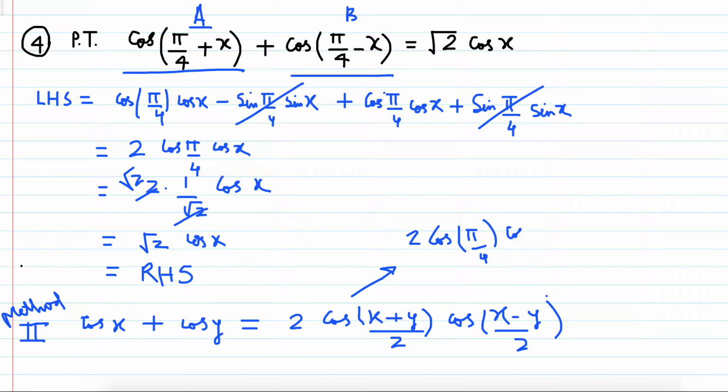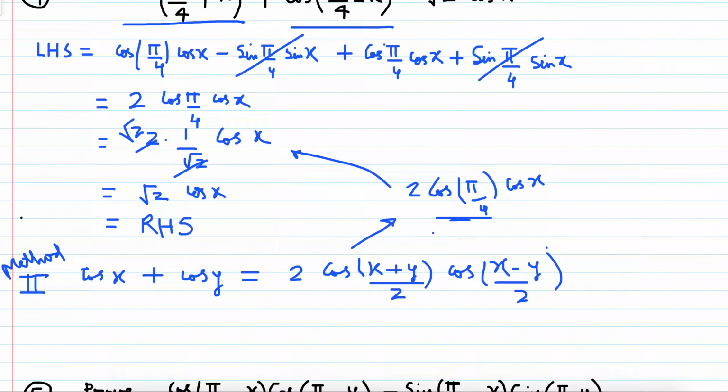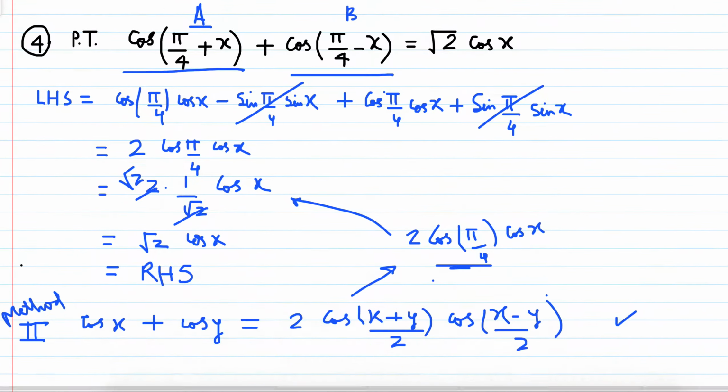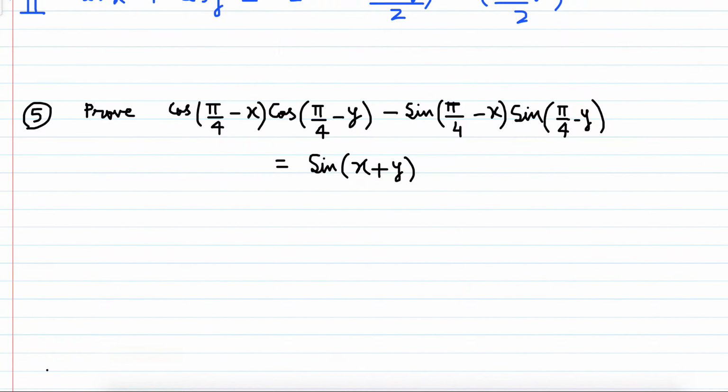So we will directly get this. And again cos pi by 4 is 1 by root 2. So we will get back to the same thing. If you remember this formula, you can use it, or just start from the basics, break terms into cos(a plus b) and cos(a minus b), and we will get the result.